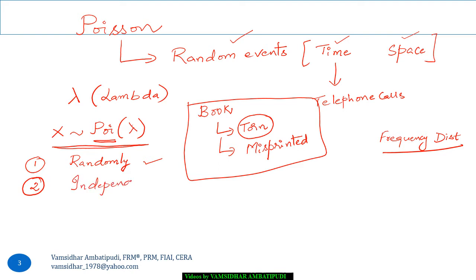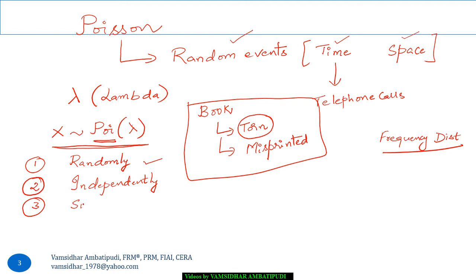It is not like if the first phone call has come, the second is going to come immediately. I can't predict the pattern. If the first phone call has come now, we don't know when the second is going to come. The occurrence of the first one does not say that the second one is going to happen immediately. That is what we mean by independent occurrence.